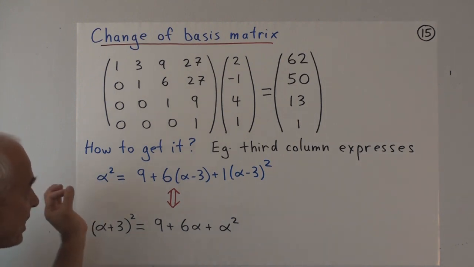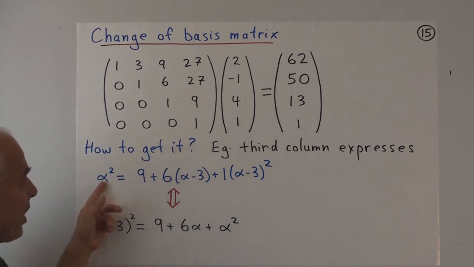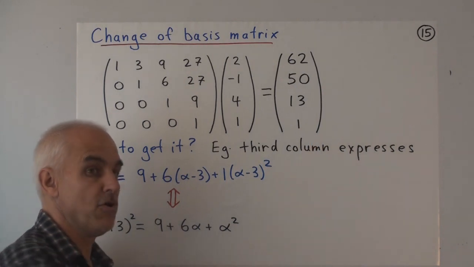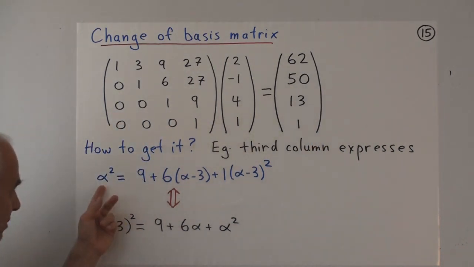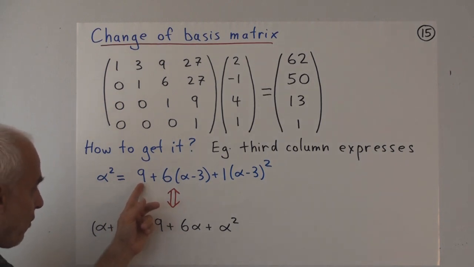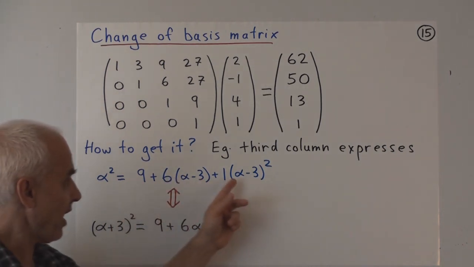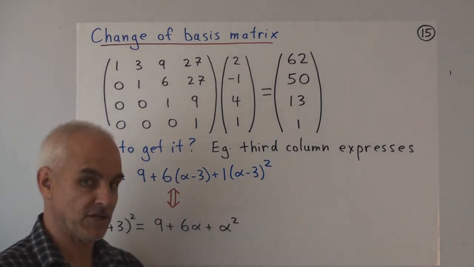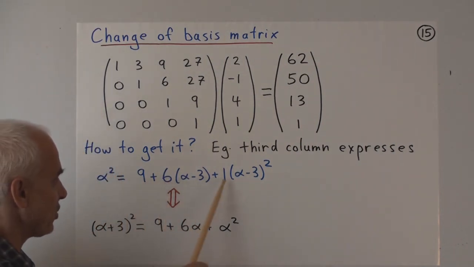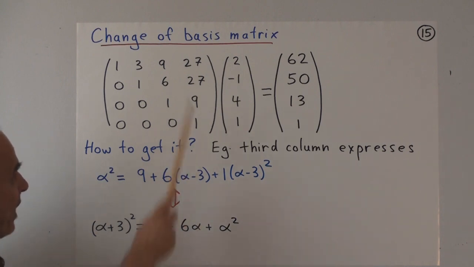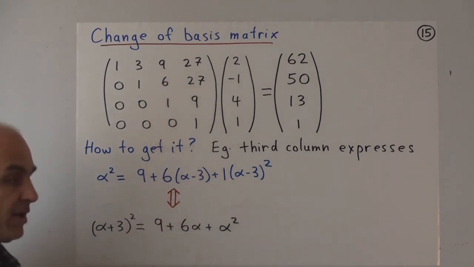So what we're really asking is, how do you express alpha squared in terms of our new basis B3? How do you write alpha squared as a linear combination of 1, alpha minus 3, (alpha minus 3) squared, and (alpha minus 3) cubed? Well, here's how you do it. You use these coefficients, 9, 6, and 1, and that's why there is 9, 6, and 1 appearing in that column.